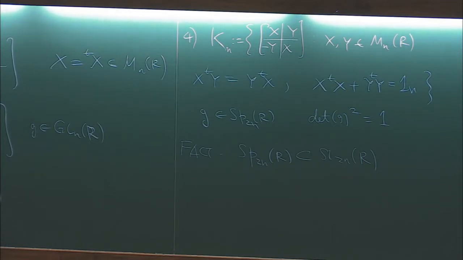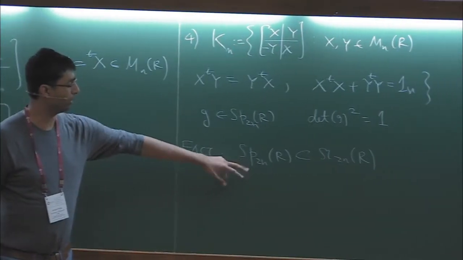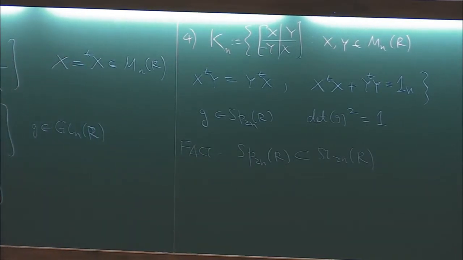But if you restrict to R being the real numbers, then you can show that the symplectic group sp2n(R) is generated by matrices of these 4 kinds. In which case, if you look at the first 3, the determinant is already 1.